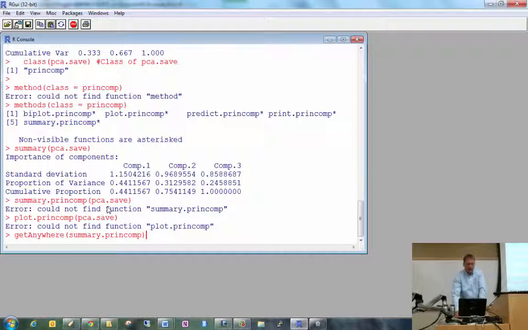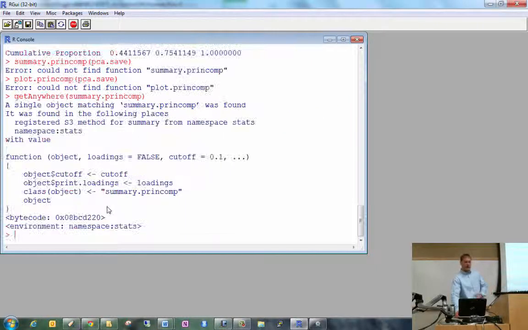If I use the function getAnywhere, this helps me find the actual function, and there you see it. It does exist, but for some reason R is not allowing me to access it directly. I don't know why. Maybe I shouldn't try to do stuff that I had not tried before class. Anyway, I'll look into that. If I can figure out an answer, I will let you know.